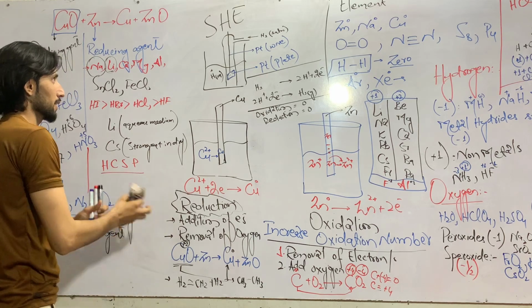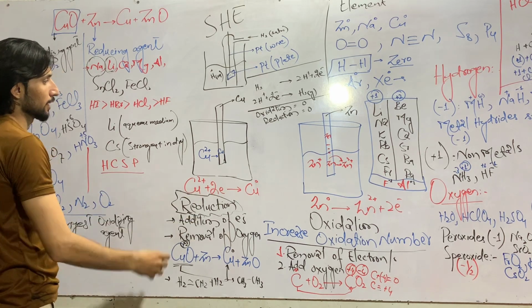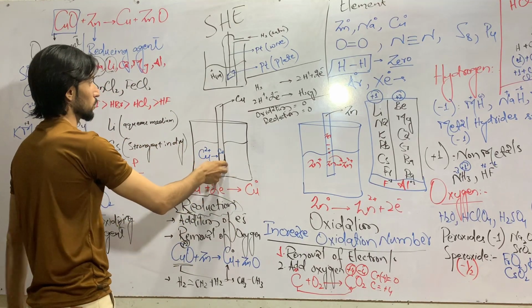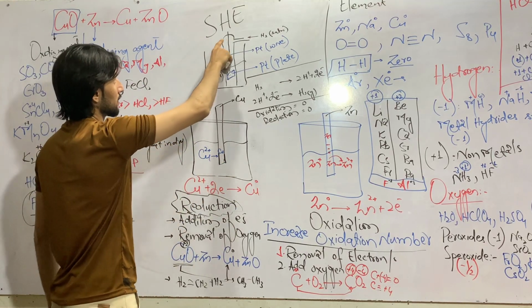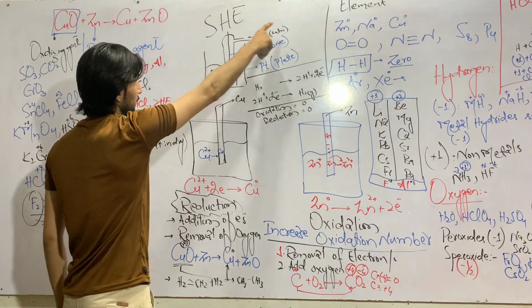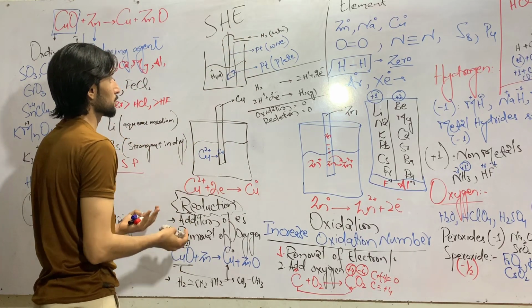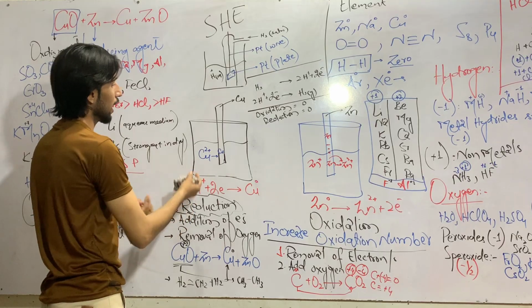So we connected with other elements and their electrodes. Here I have taken a zinc electrode, I have taken a copper electrode. So I will connect it over here to the standard hydrogen electrode and measure its potential against it and find how much.